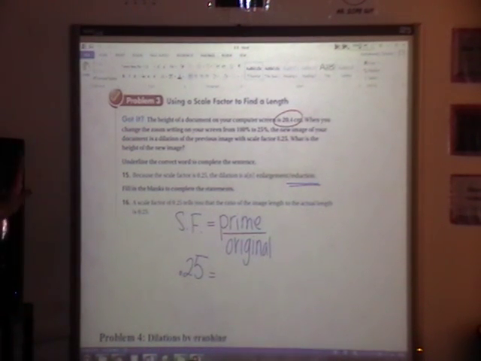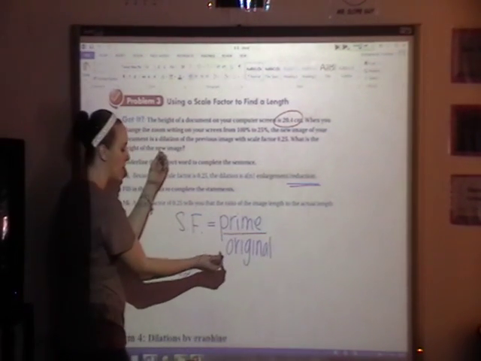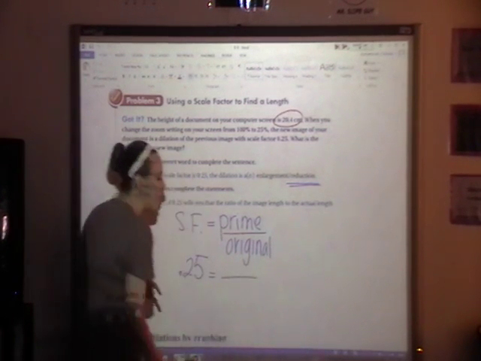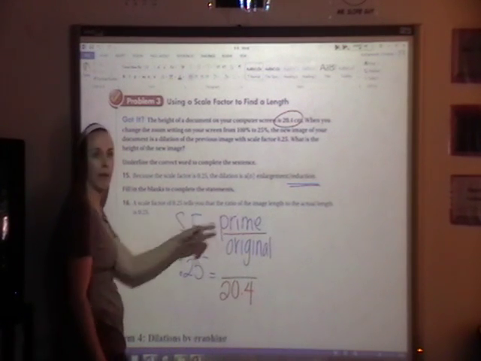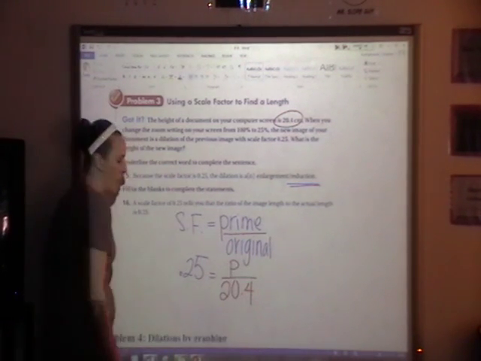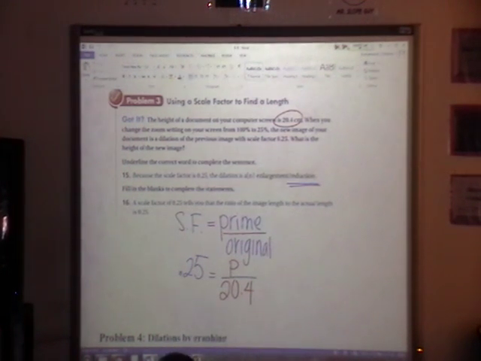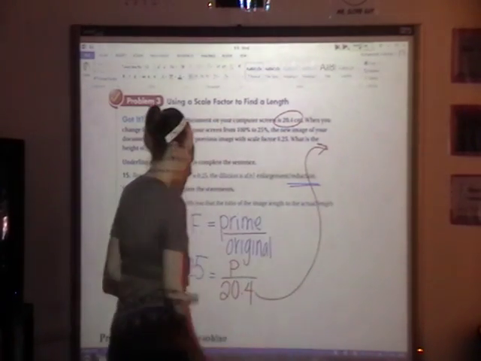When my document percentage was at 100, I measured my document at 20.4 centimeters. So we can replace original with 20.4. Let's call prime P. We're going to solve for him. So I now have this equation: 0.25 equals P over 20.4.